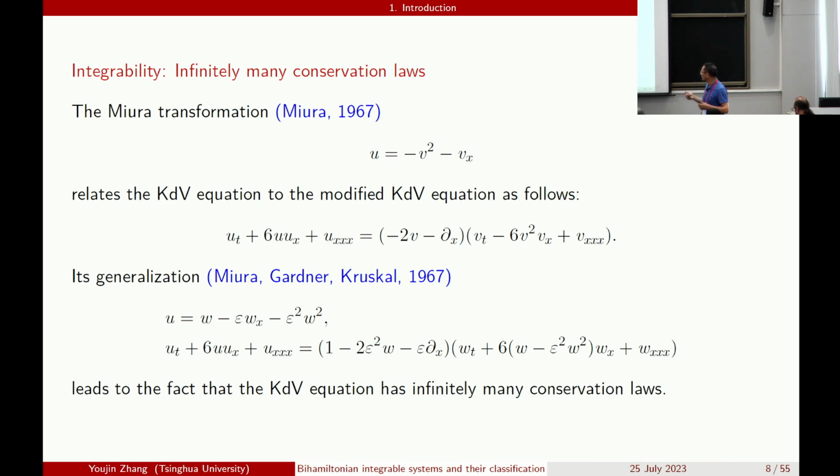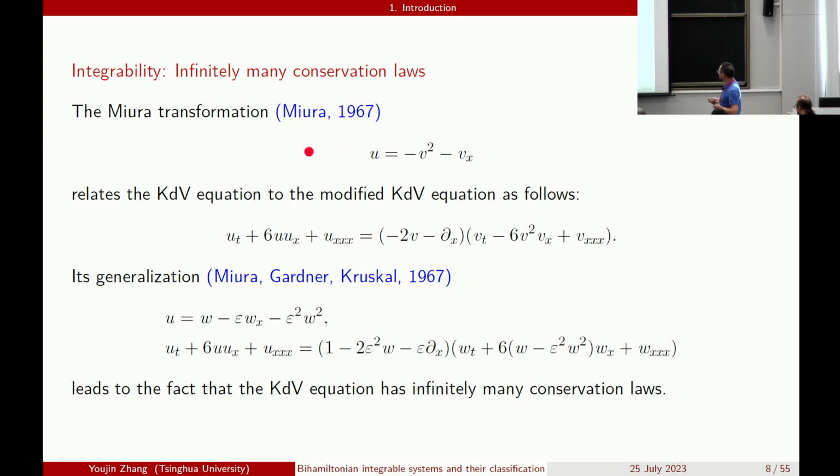To show that this equation is integrable, meaning that it possesses enough symmetry, it should have many conservation laws or conserved quantities. So people tried to find, apart from the conservation of momentum and energy, some more conservation laws.